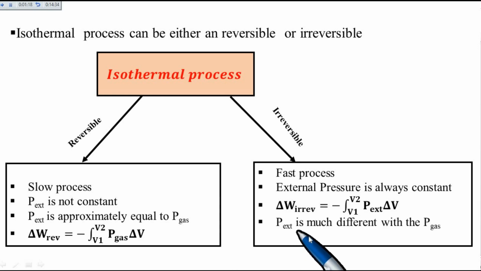Again, the external pressure is much different from the pressure of the gas, contrary to the reversible process where the external pressure is approximately equal to the pressure of the gas. We have seen all these differences when we covered the reversible and irreversible processes.